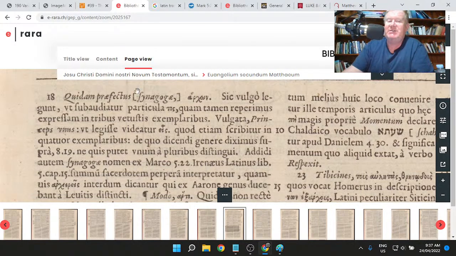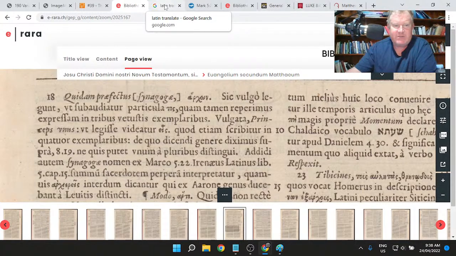So that's quite interesting. Beside the issue of synagogue being there, that's obviously in italics anyway, so he's saying that that's just added information to help people. But if we were just to look at the Latin, we would see that the archon is quidam praefectus.